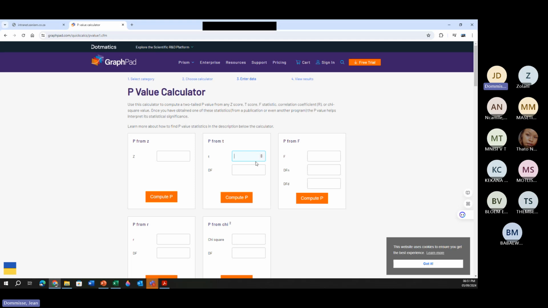Okay, so P from T. So let's quickly check. 2,74. Degrees of freedom was 29.